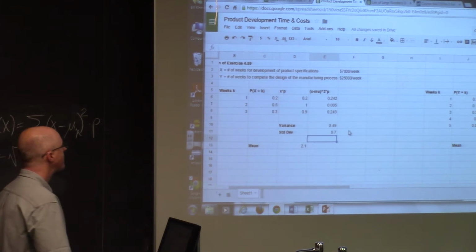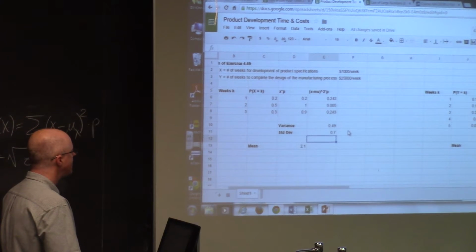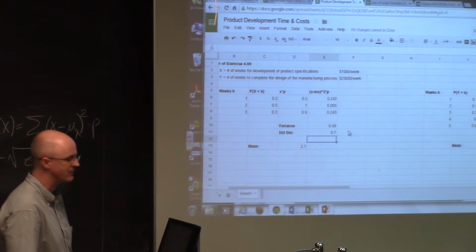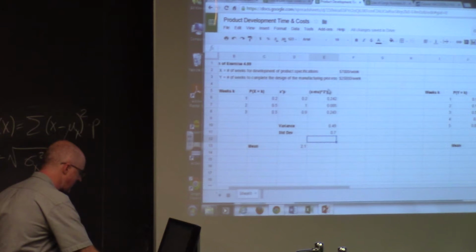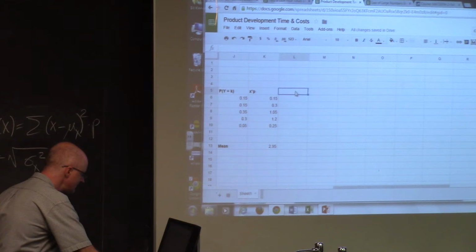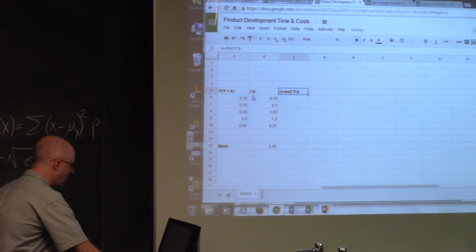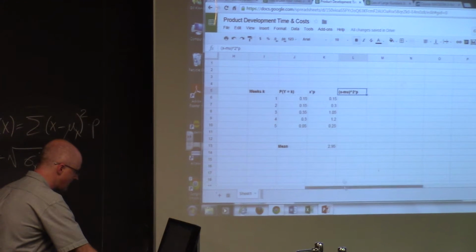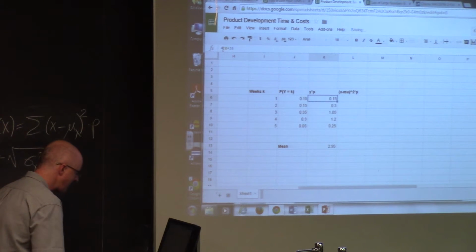Okay? Maybe I better do it for the other one, actually. Let me quickly do it for the other one, if we're going to combine these variables. Actually, I should have labeled this y times p instead of x times p, because this variable is called y.